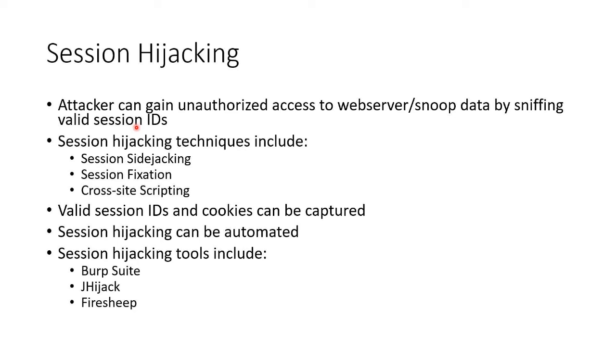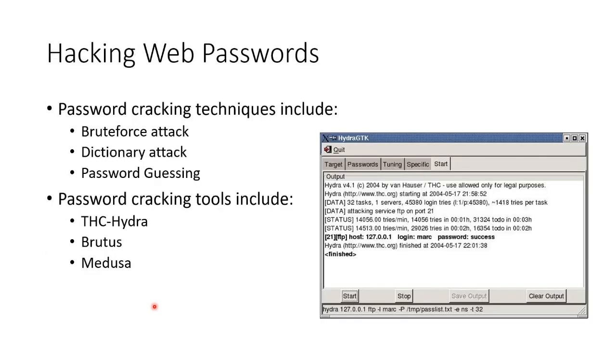And so we can hijack their session with, and we talked about all the methods. We could sidejack, which is basically just sniffing and replaying. We could fixate, we could do cross-site, and other kinds of scripting. So we can grab those valid session IDs and cookies. And of course, session hijacking, most of these tools are automated. And there are any number of tools, Burp Suite, JHijack, Firesheep, and many others that we've seen.